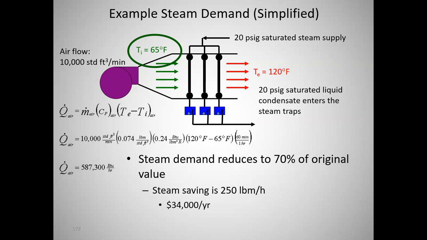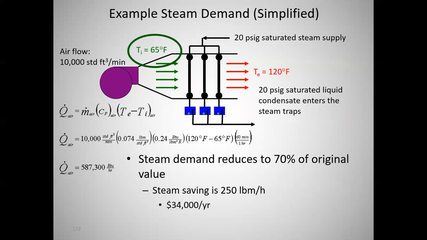So you've got 120 minus 65 instead of 120 minus 40. That comes out to 587,300 BTUs an hour, which is 70%, so that's a 30% saving by simply doing some ductwork changes.